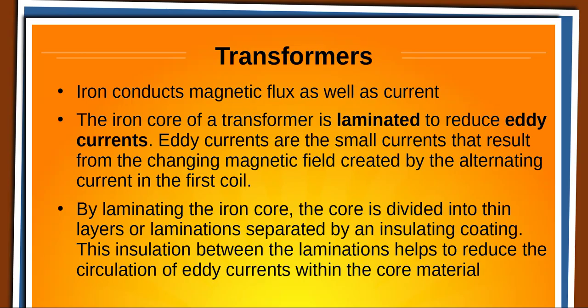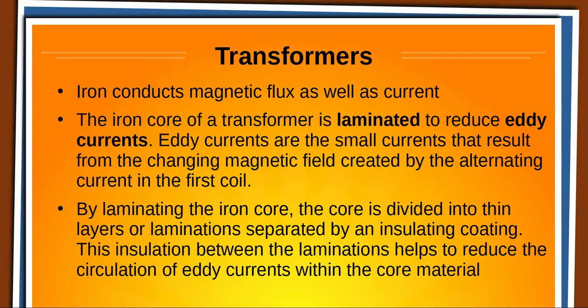If you had just one block of iron, then because of the magnetic field, it's going to also create a current flow because it's a conductor. So you've got a changing magnetic field around the conductor, it creates a voltage, which can create a current.